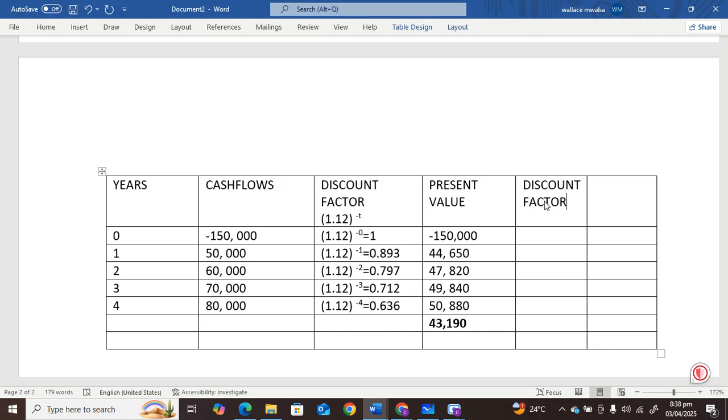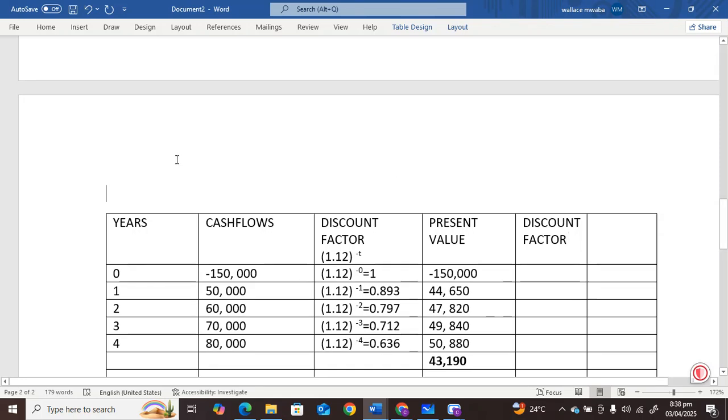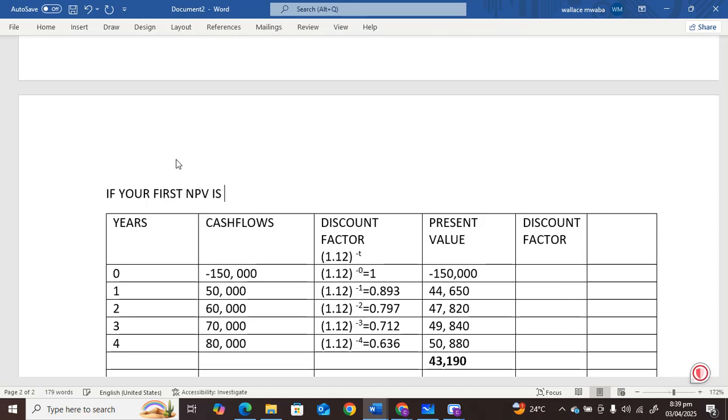So one thing you should remember when doing the internal rate of return: if your first NPV is positive, increase your discount factor. Like in this case, since our first net present value was positive, now we want to get a negative one, so we need to increase our discount factor.